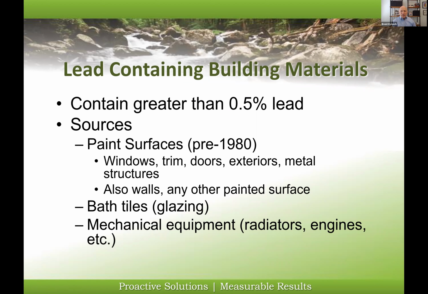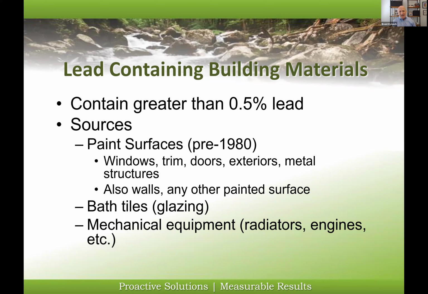The typical sources are lead-based paint, as you might imagine. And lead-based paint is most typically found in either a gloss or a semi-gloss coating on windows, trim, doors, exterior paint, and then metal structures. Metal structures can have very high concentrations of not only lead, but other heavy metals.